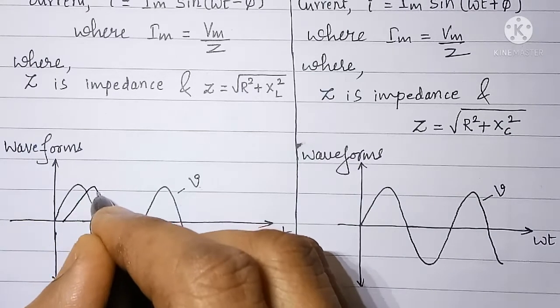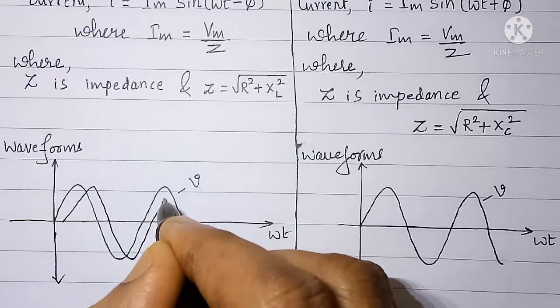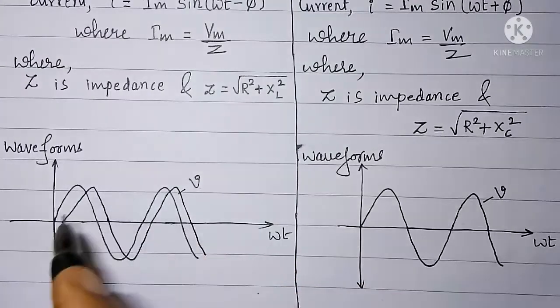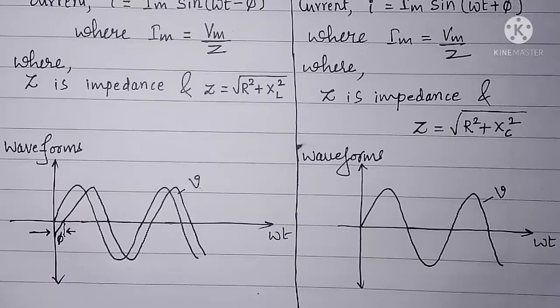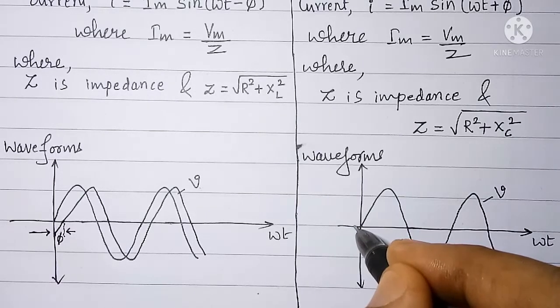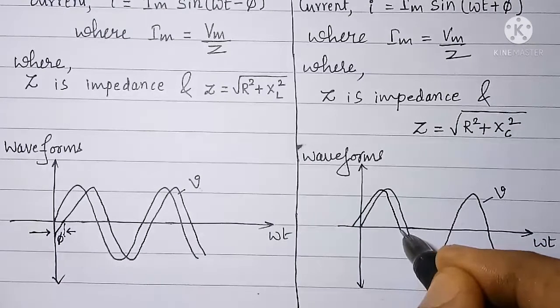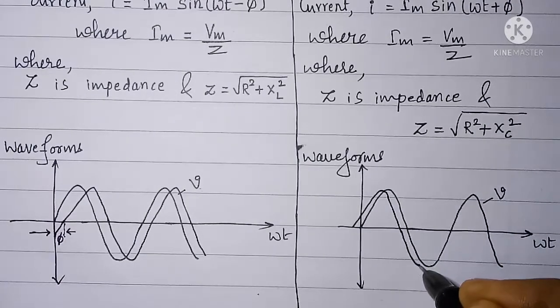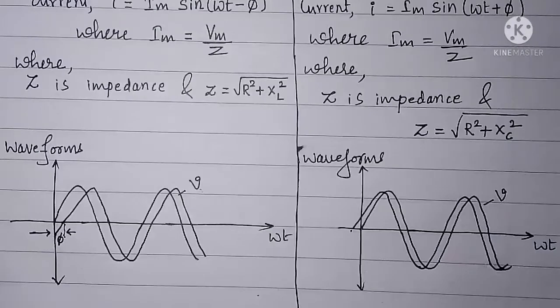So I can show current lagging the voltage by angle phi, whereas in case of capacitive circuit, current leads the supply voltage by phi.